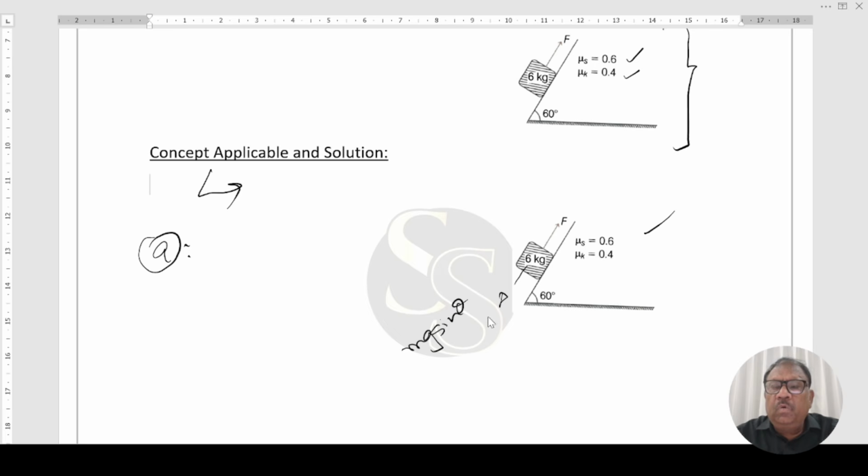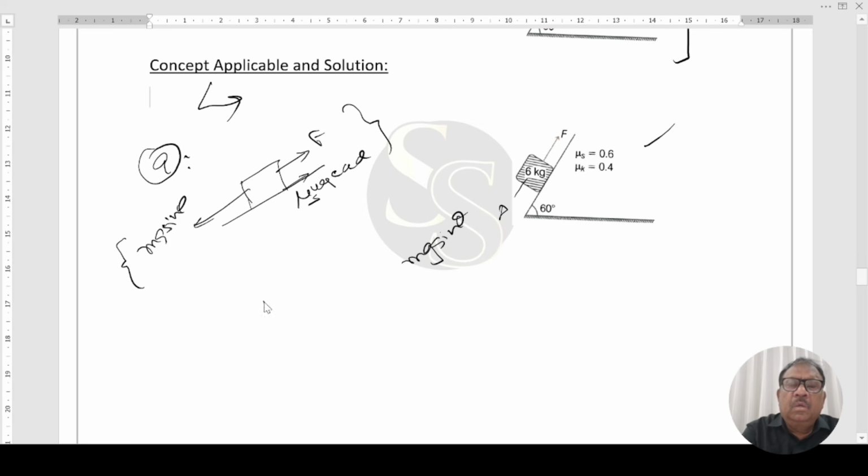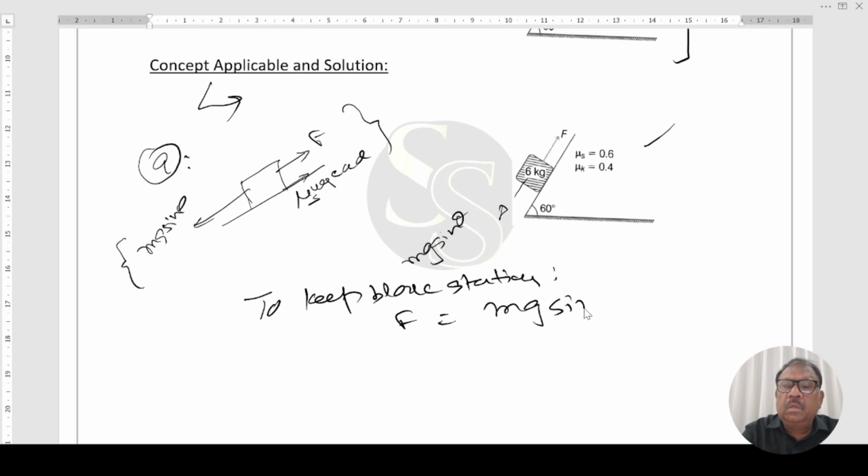Because the block is to be kept stationary, friction force will come into the picture: mu s mg cos theta will be used, acting up the plane. The net force should be balanced to keep the block stationary, so F should be equal to mg sin theta minus mu s mg cos theta.